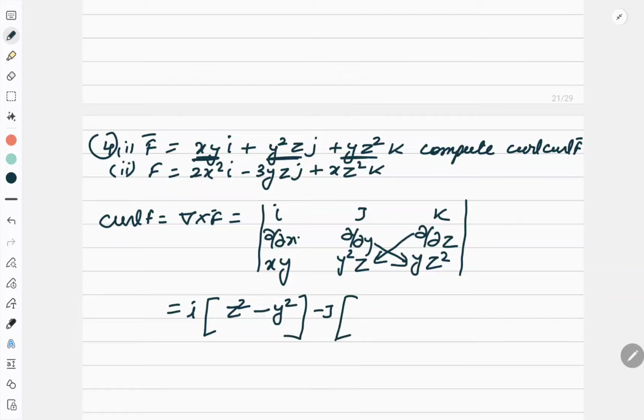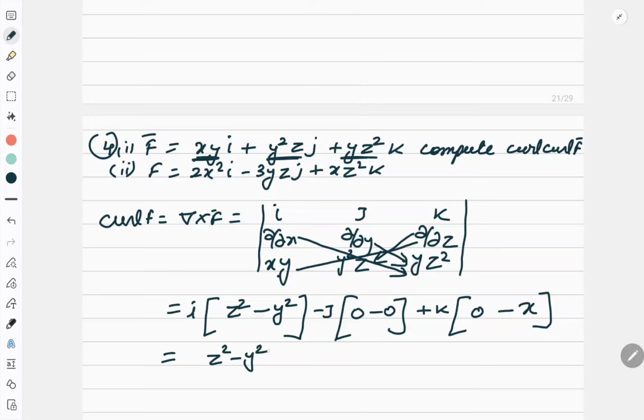When I do j, ∂/∂x of this term is 0, minus ∂/∂z of this term, which is 0, plus k. ∂/∂x of this is 0, minus ∂/∂y of this term is x. So for curl f you got (z² minus y²) i, okay, minus xk. So this is the value of curl f.